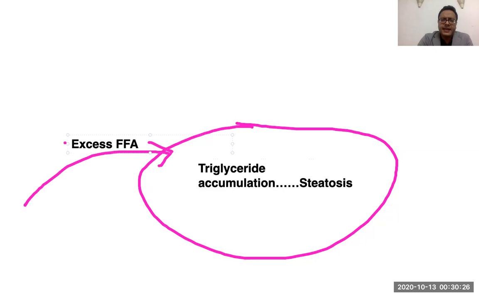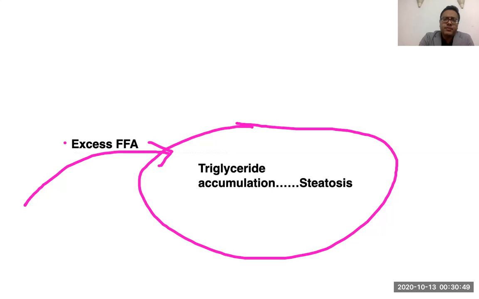Or the second problem could occur if there is any deficiency or disruption of the beta oxidation of the fatty acids inside the hepatocyte. That means these fats are not utilized properly in fatty acid oxidation, which could lead to increased accumulation inside the fat cells.